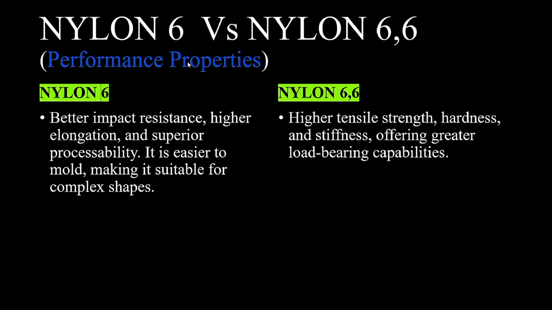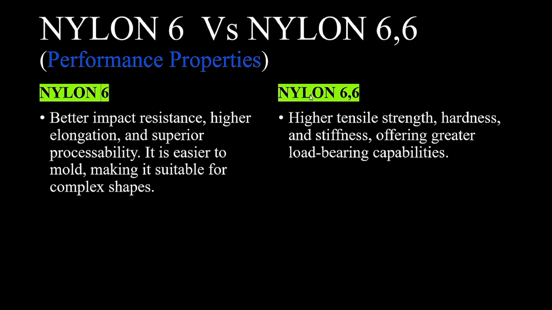Next is the difference with respect to performance properties. Nylon 6 has better impact resistance, higher elongation, and superior processability. It is easier to mold, making it suitable for complex shapes.